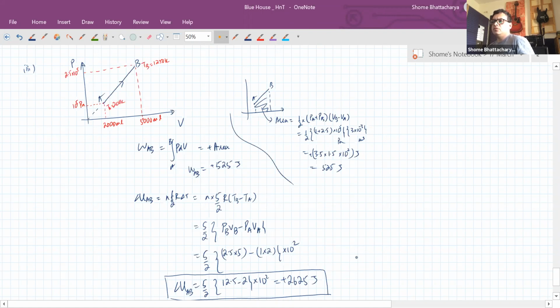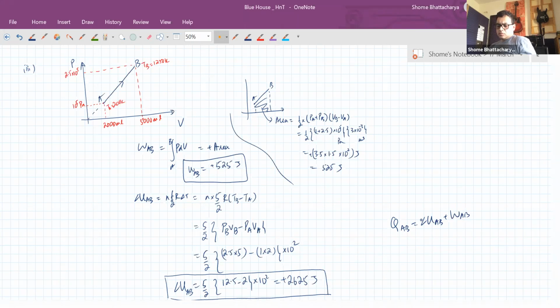That will be 312. So QAB, if you calculate, that will come out to be... No sir, that won't be it either. Okay. That will be this much.